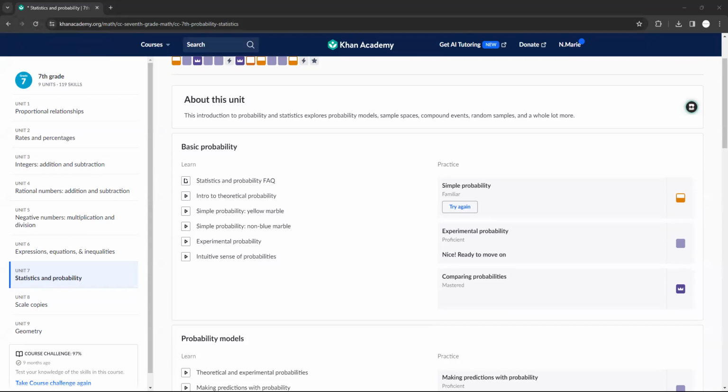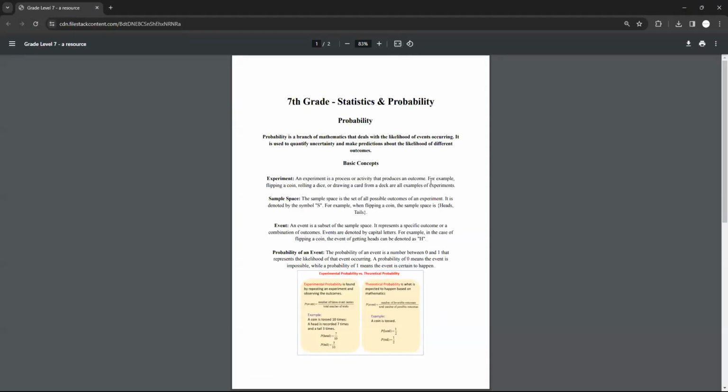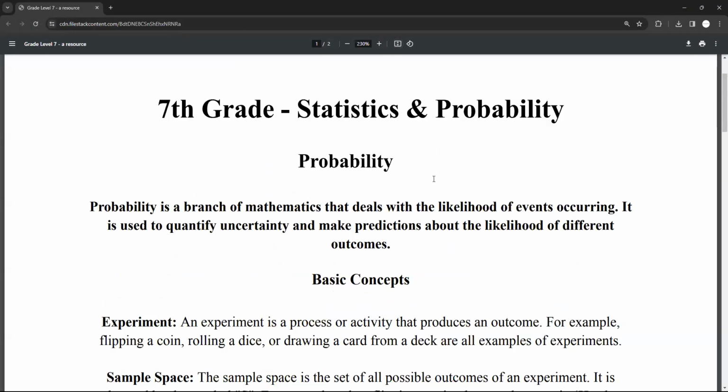Let me pull up the guide that I created. Probability is a branch of mathematics that deals with the likelihood of events occurring, such as what is my chance of winning the lottery or winning a raffle ticket from a radio contest.